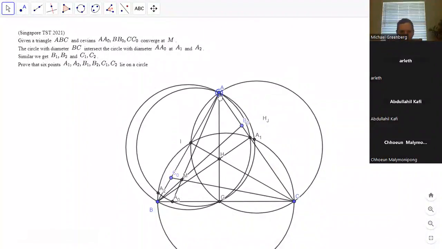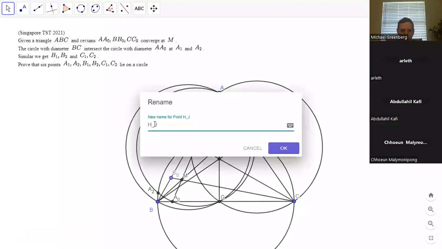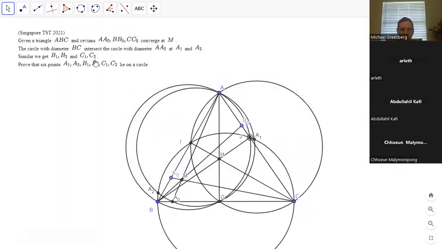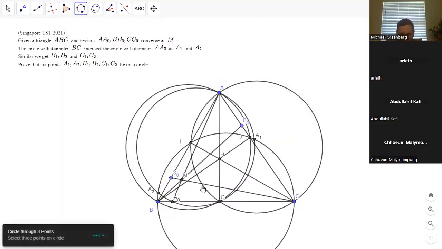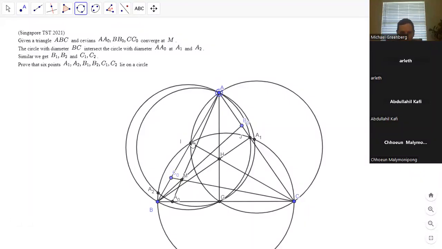Okay. What is H? No, I just want this to be J, not HJ. So that's one circle, and here's the other circle.